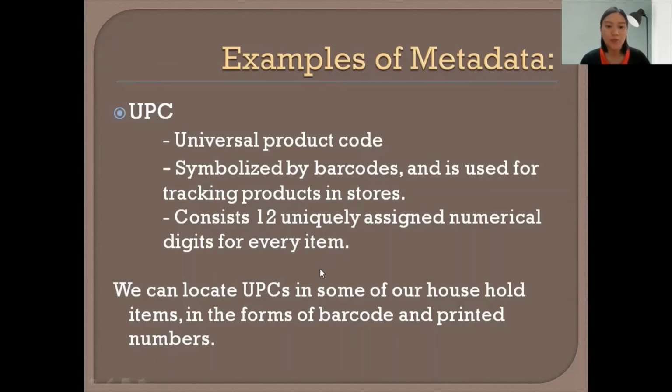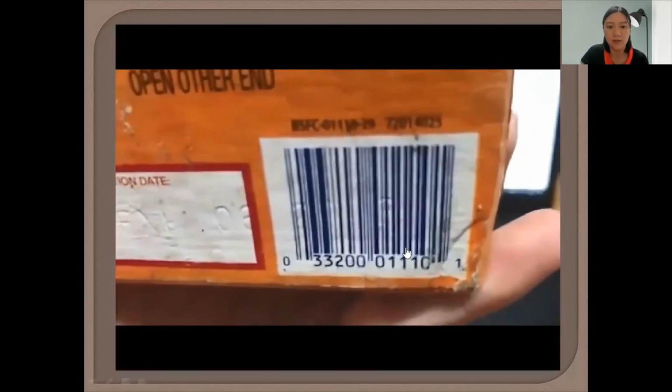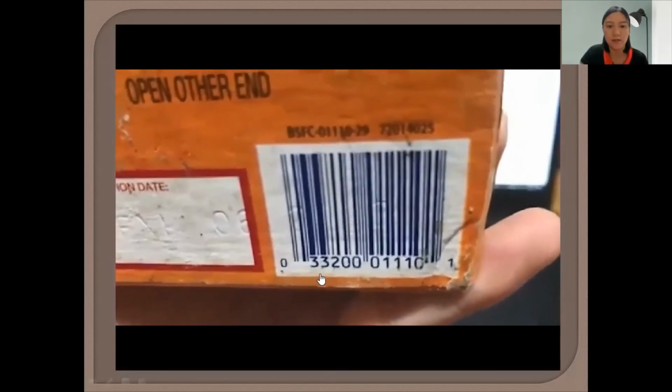We can locate UPCs in some of our household items in the form of barcodes and printed numbers. So for example, we have here the barcode and the numerical codes.